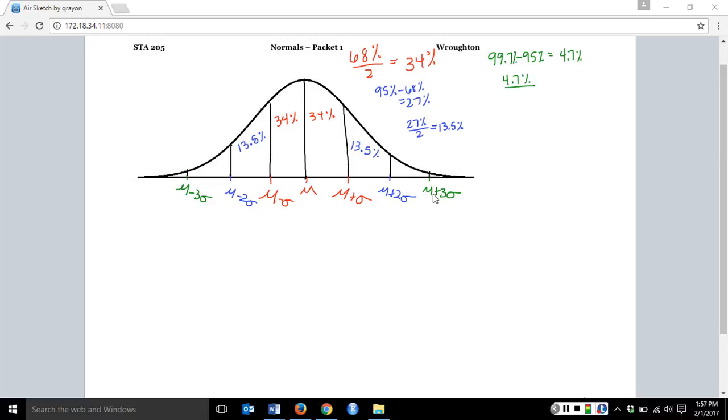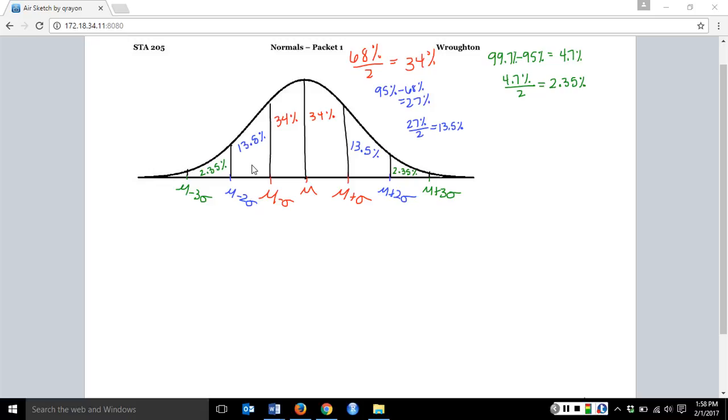Again, two different spots to be able to put that in. And so we're going to find that in each of those pieces, we're going to have 2.35%. And again, I add up all the numbers I have so far, I get 99.7%.